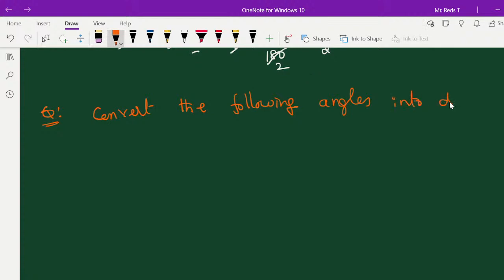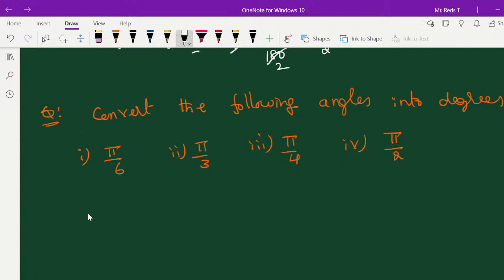First one, pi by 6. Second one, pi by 3. Third one, pi by 4. Fourth one, pi by 2. You can take any angle in any order and convert it.